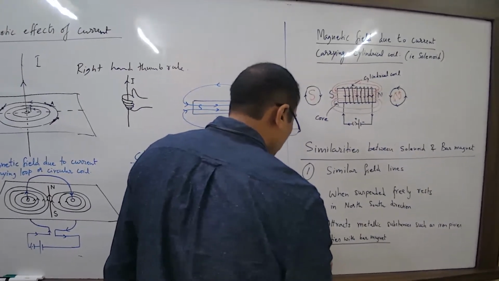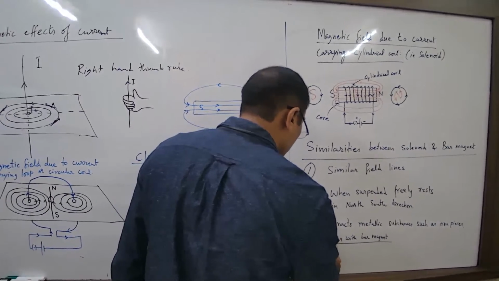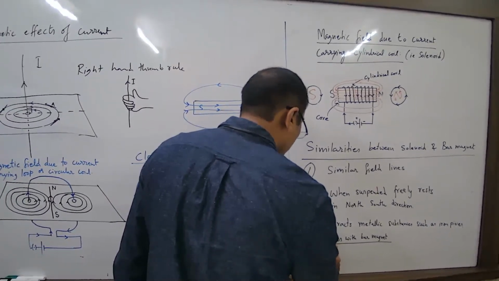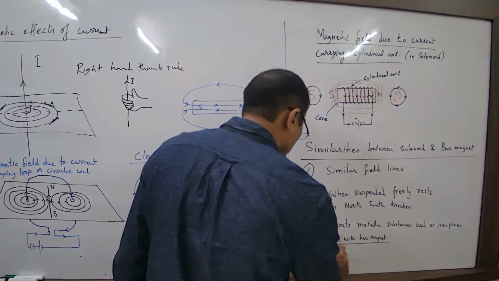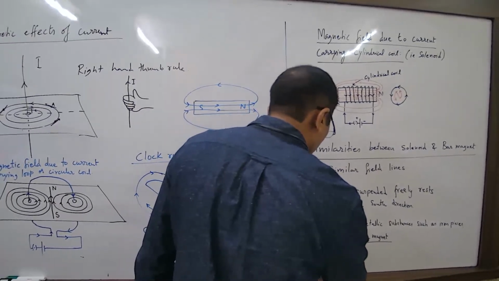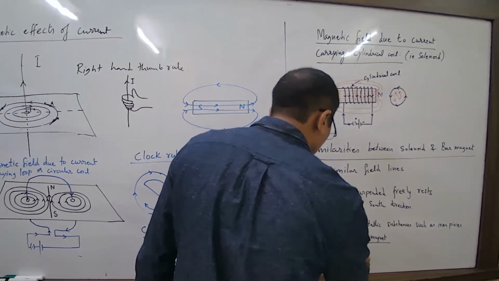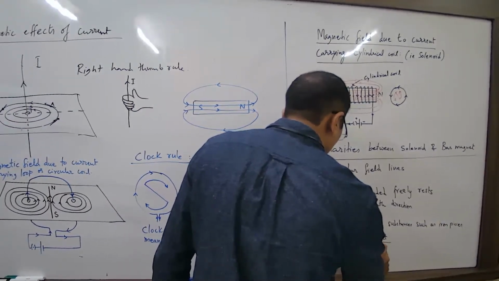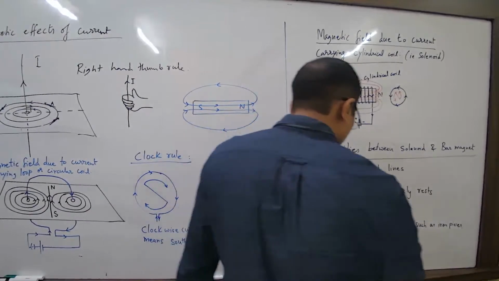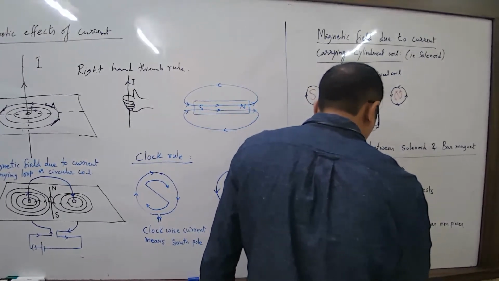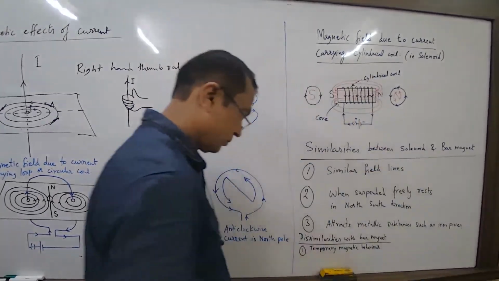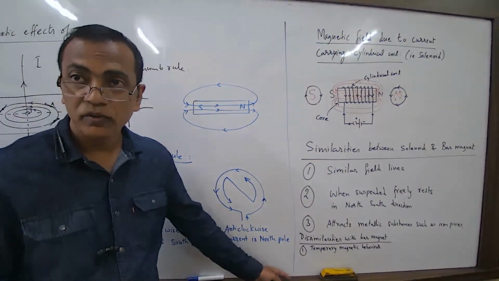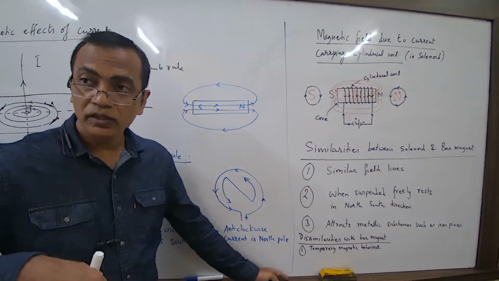Temporary electromagnet. कब तक मैग्नेटिक प्रॉपर्टी शो करता है? जब तक करंट चालू है.